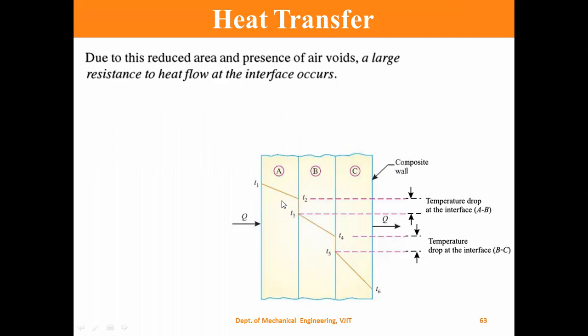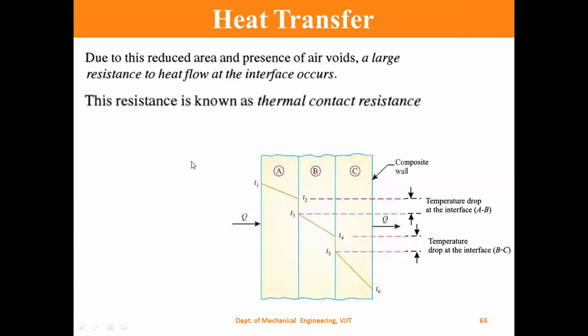There is an increase in the resistance at the interfaces, which has to be calculated. This resistance is called the thermal contact resistance. Sometimes these calculations should be taken into account, otherwise the rate of heat transfer through the composite slab is going to be affected, and it causes a temperature drop.